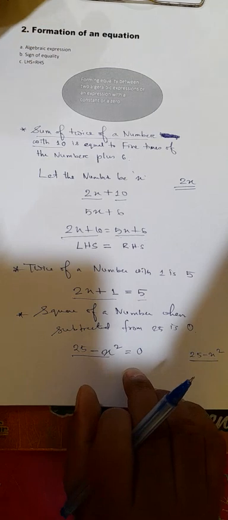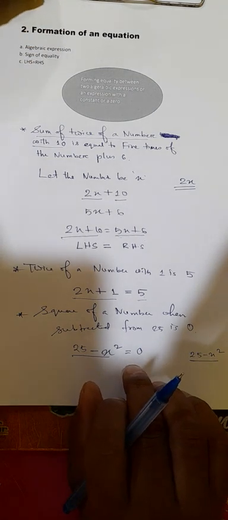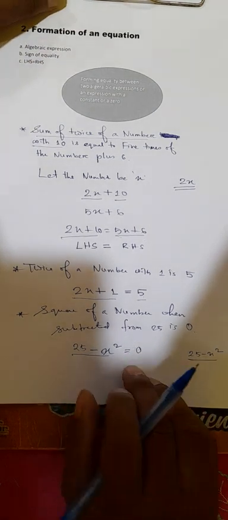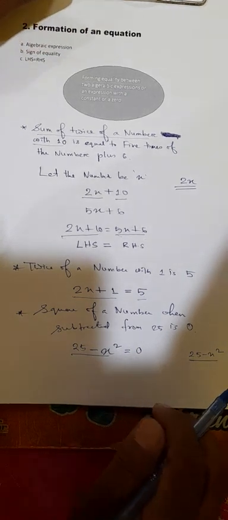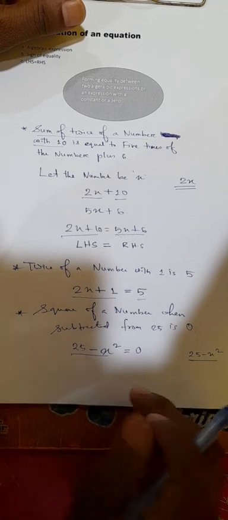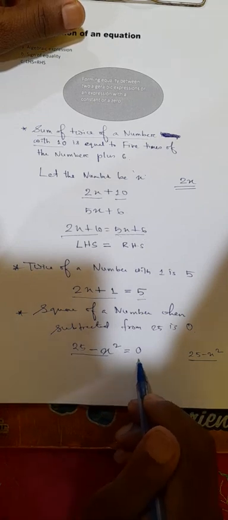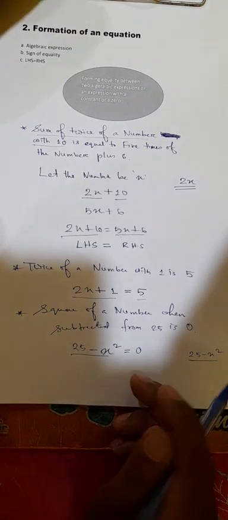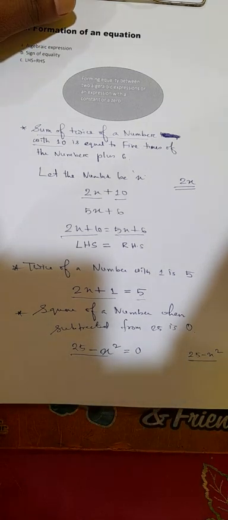Now in this chapter we will talk about formation of linear equation. So what we have learned: an equation has 3 parts, the left hand side, the sign of equality, and the right hand side. Right? We will discuss the solution of linear equation next time. So let's wait.